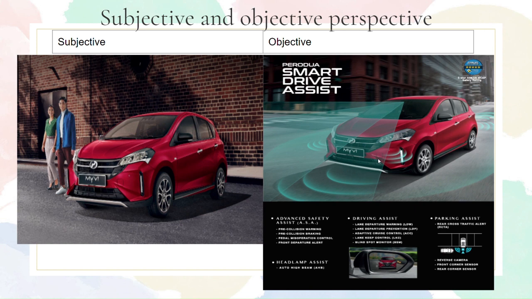Now, this brings the point of view of the image to differ, because we see all these different elements put into the image. It gives the viewers different types of details of the car itself and not just the body of the car. It gives them different ways to assess the car besides the shape and the model of the car.